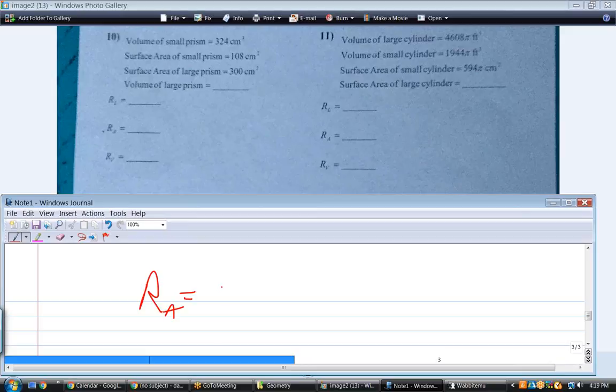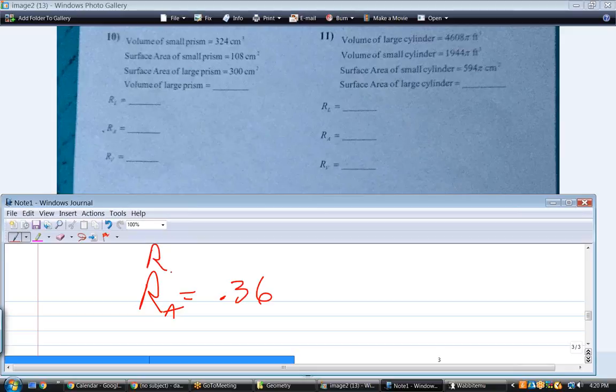Give me a decimal for that, because it's going to be easier to take the square root of the decimal than the top and the bottom. So take 108 and divide it by 300. What do you get? 0.36.